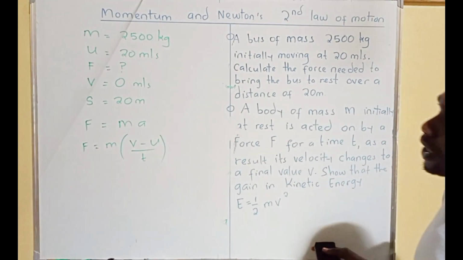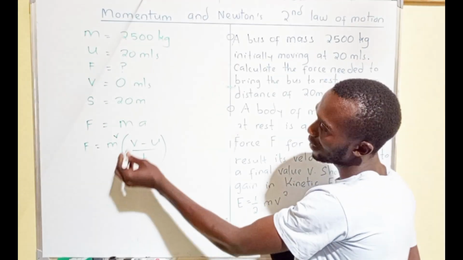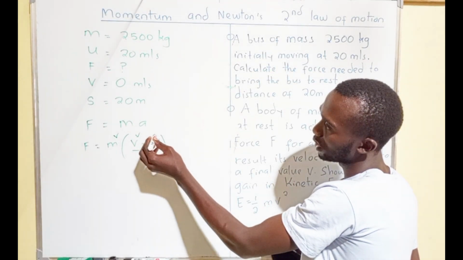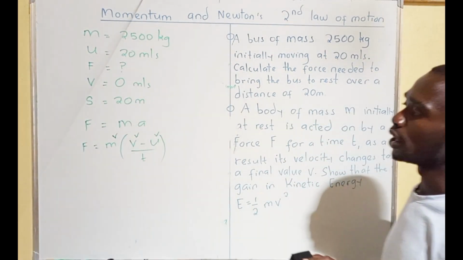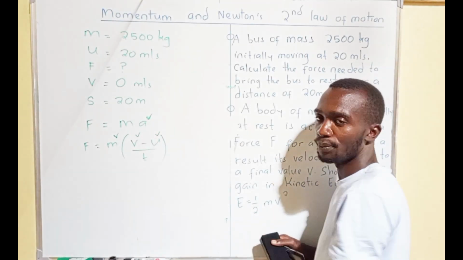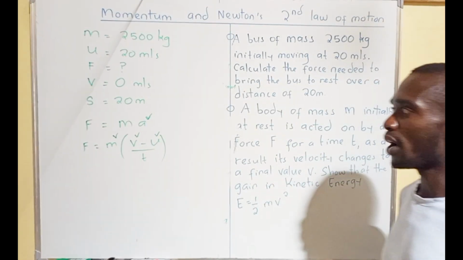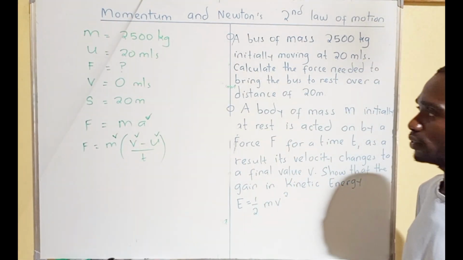From the constants given, we have the mass, the final velocity, and the initial velocity, but we don't have time. We need to find the acceleration of the body. How are we going to find it?